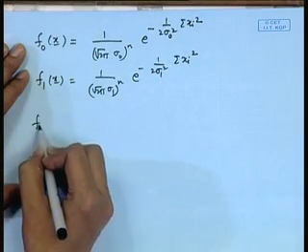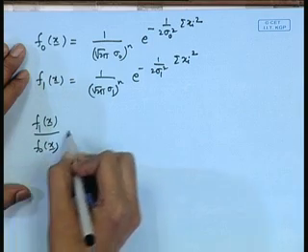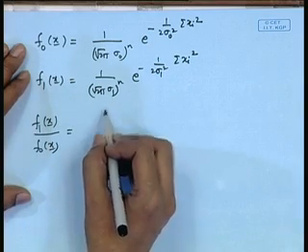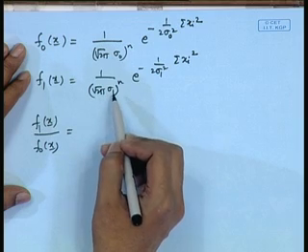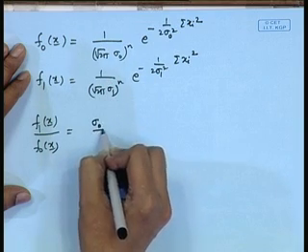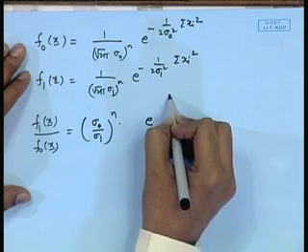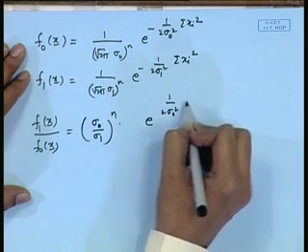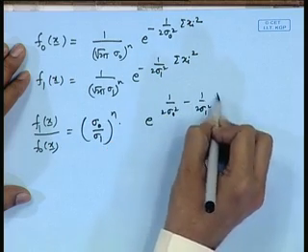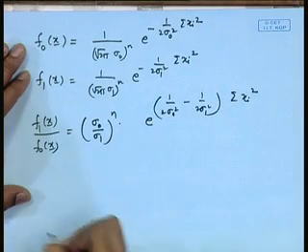If you consider the ratio f1(x) by f naught(x), that is equal to sigma naught by sigma 1 to the power n, e to the power of 1 by twice sigma naught square minus 1 by 2 sigma 1 square, sigma x i square.